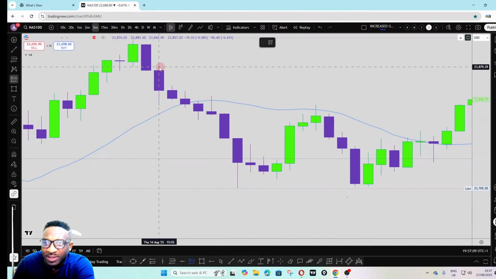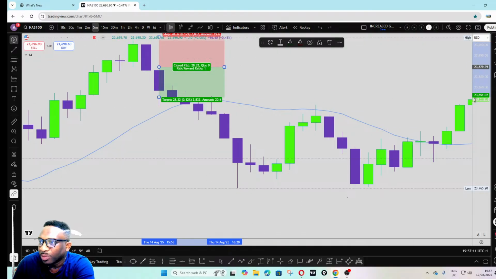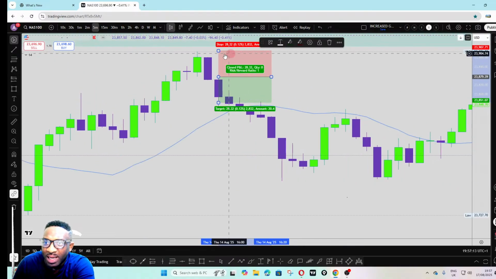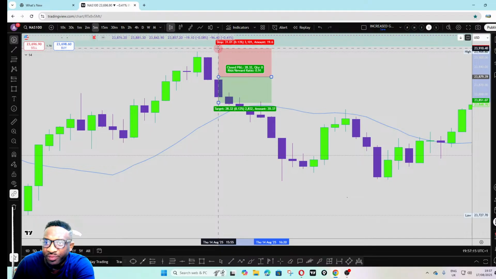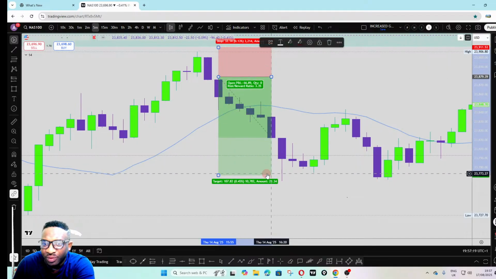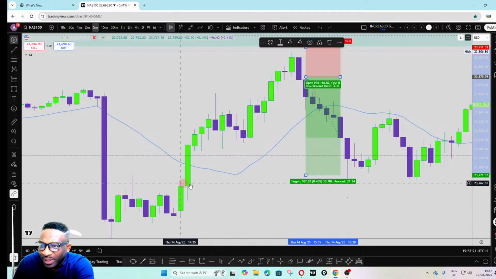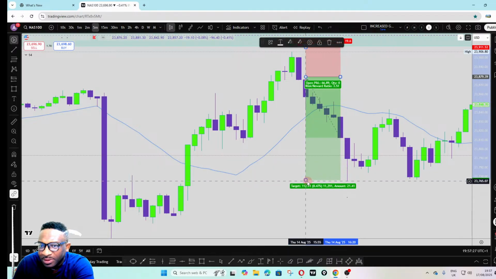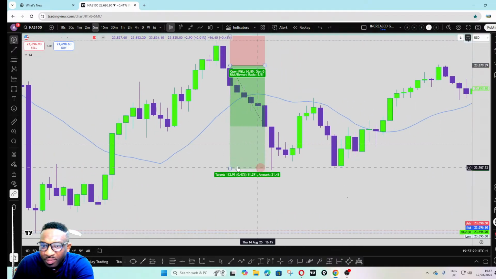So if I enter from here, my stop loss going above the previous high, so targeting previous low points. So we have imbalance here, so at least targeting here, somewhere here, targeting somewhere there.